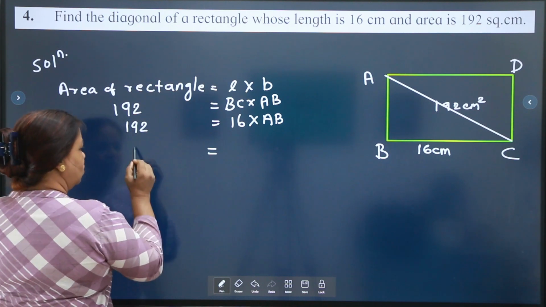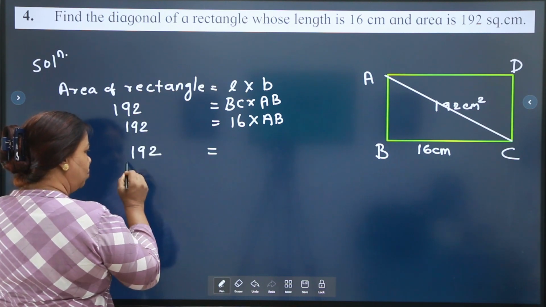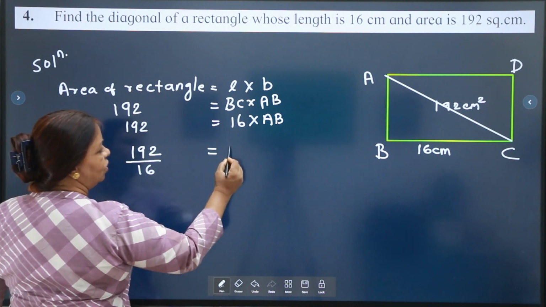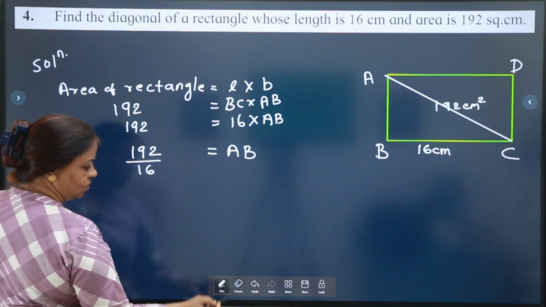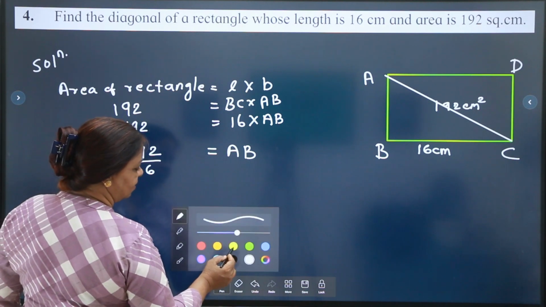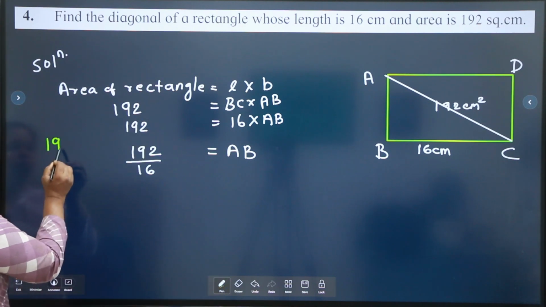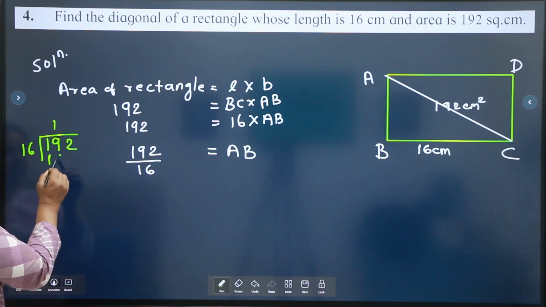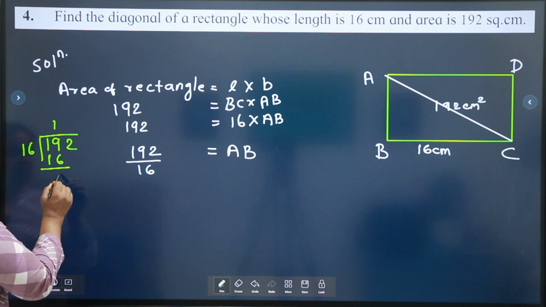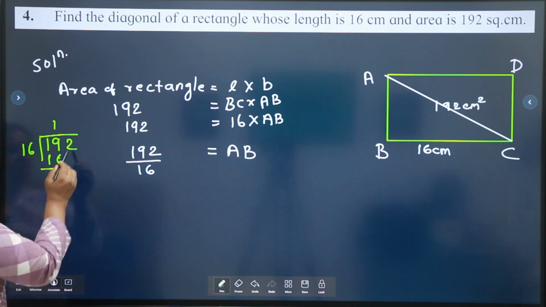Now, 192 upon 16 is equal to AB. I am going to bring 16 down and cancel it. 192 divided by 16. 16 ones are 16 and 3. 19 minus 16 is 3.